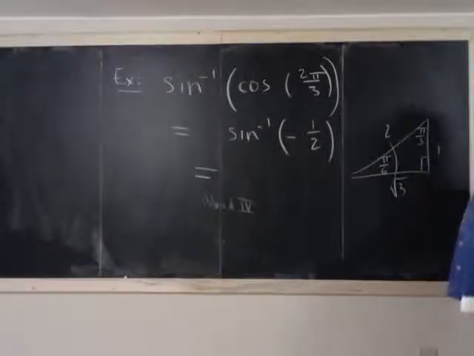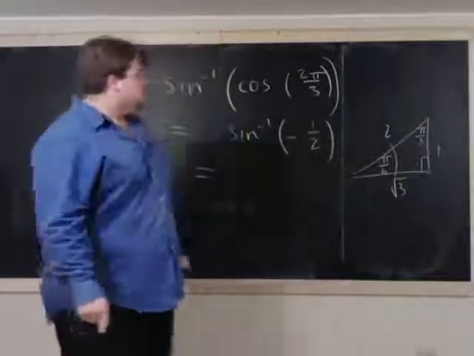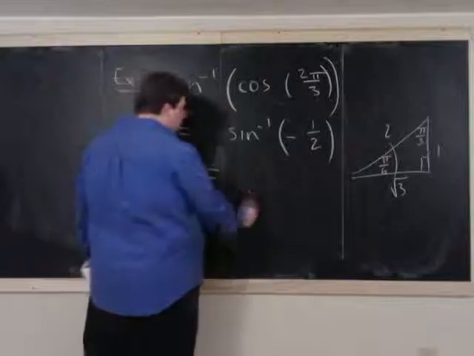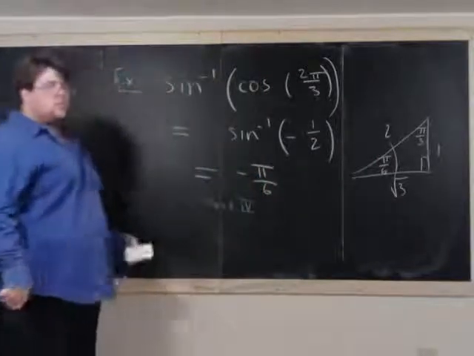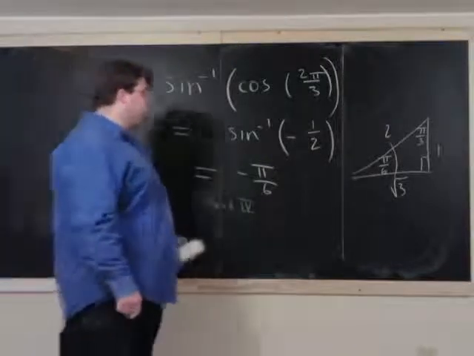So we have the opposite is 1, the hypotenuse is 2, so we get pi over 6. But we want that in quadrant 4. So instead of going up into quadrant 1, we'll go down into quadrant 4, and we get negative pi over 6.